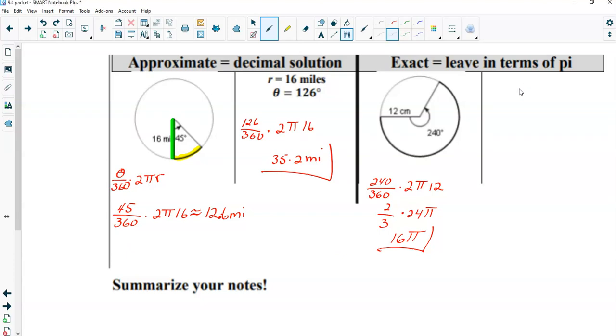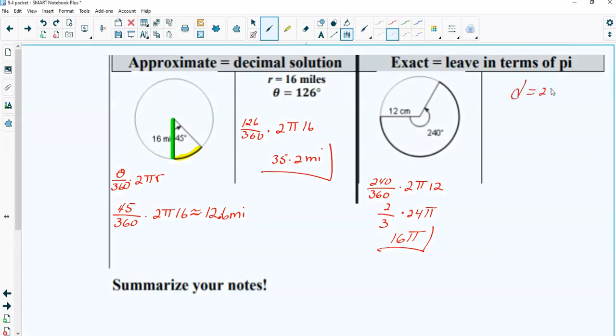Let's say the diameter is 24 centimeters, and theta is 60 degrees. What is the arc that contains that central angle of 60 degrees? Well, again, that would be 60 divided by 360 of 2 pi r. Since they gave me the diameter, half of the diameter is the radius, right? So that's times 2 pi, and 24 divided by 2 is 12.